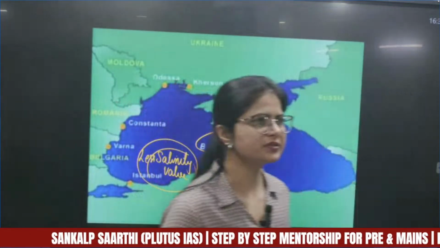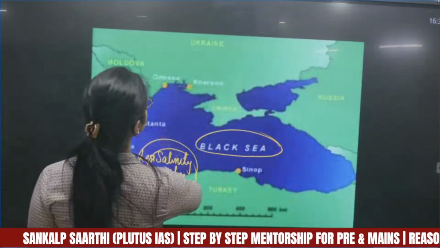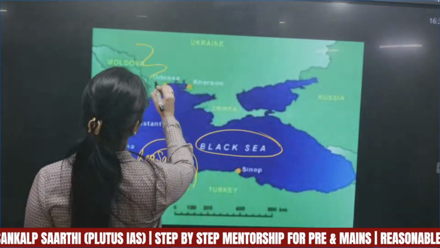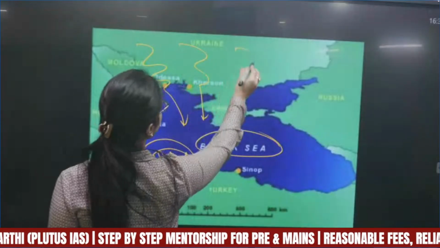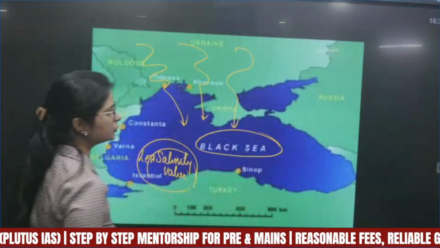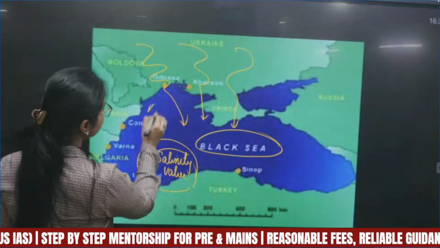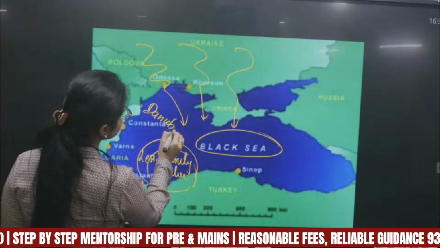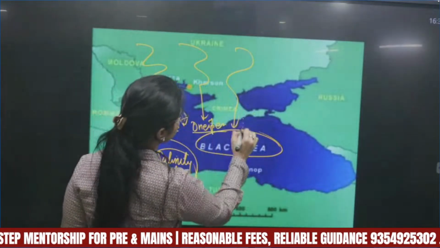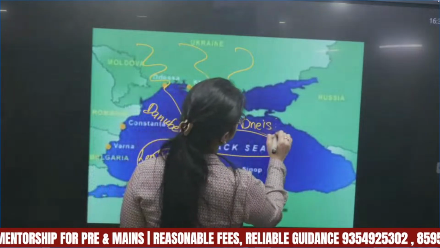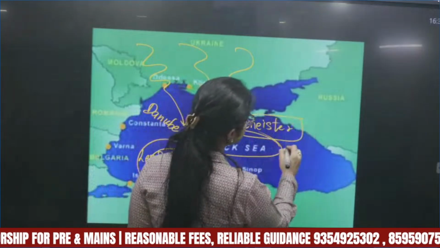One river which is draining into them is from Ukraine. Ukraine-Russia war is a very popular topic these days. I hope that you have gone through these rivers if you have gone through the Indian Express or The Hindu. One river which is draining into it is the Danube. Then you have the Dnieper. Then you have the Dniester. And there are other rivers also which are draining into this.